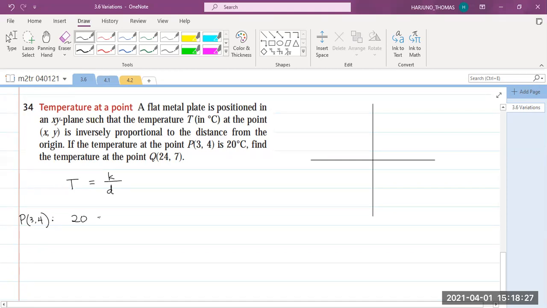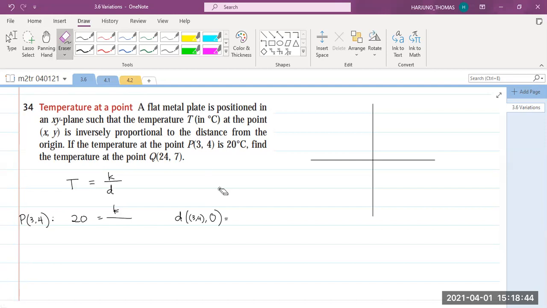So 20 equals k over the distance of that point (3,4) from the origin. So what is the distance of (3,4) from origin?